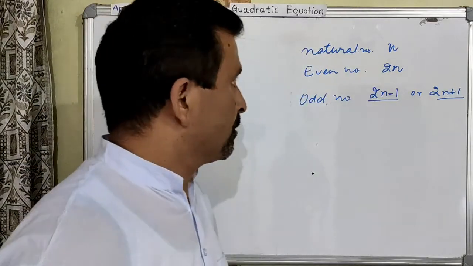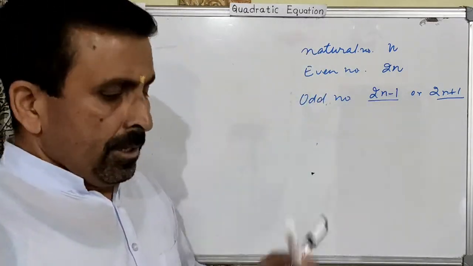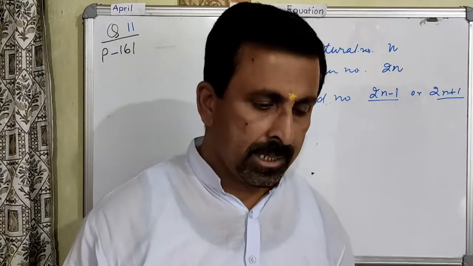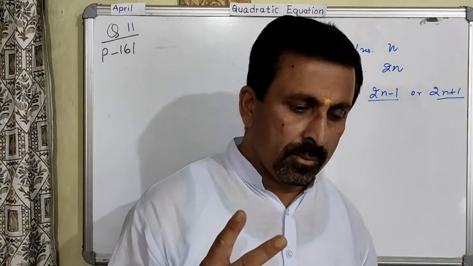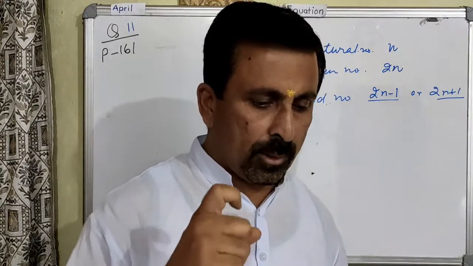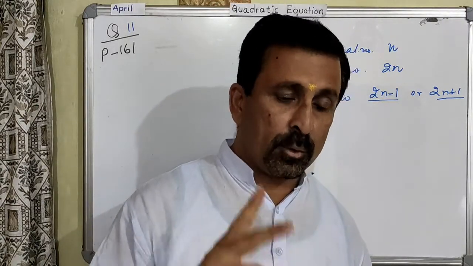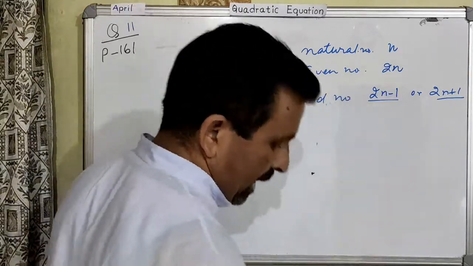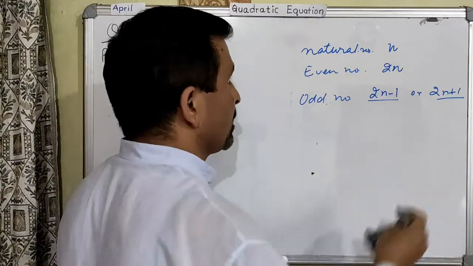Okay. Now, this question number 11 is, when the squares of two consecutive odd integers, right? That means we can use this notation.